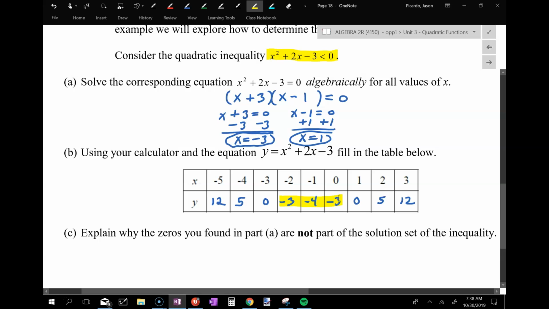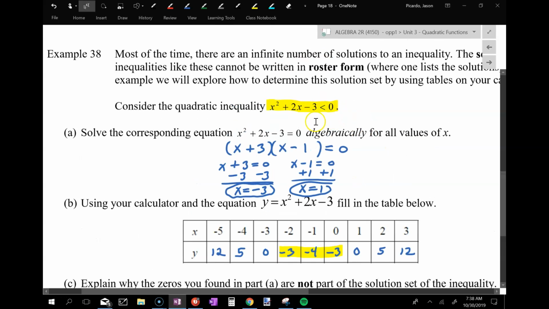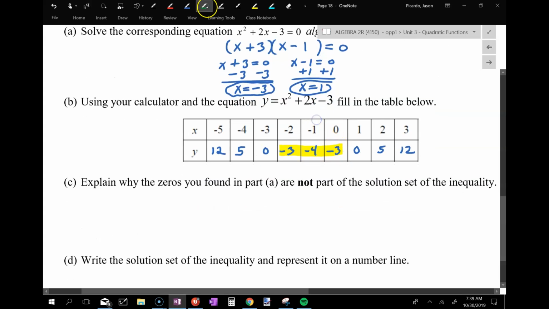Okay, now, explain why the answers that we found in part A were not part of the answer. Why didn't I choose -3 and 1? What was wrong with those? Because it said it had to be what? Less than 0, not less than or equal to, right? And so let's write that down, right?